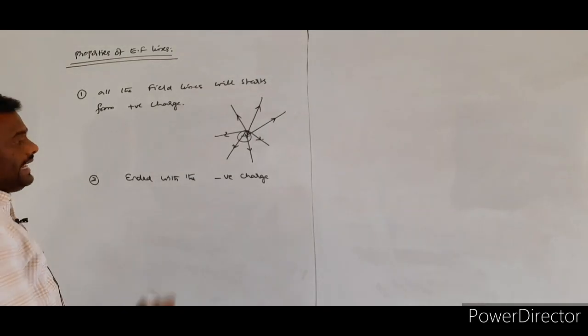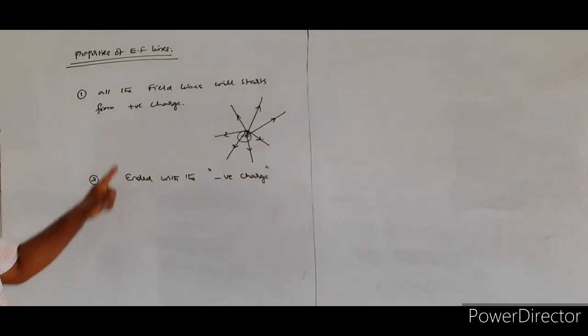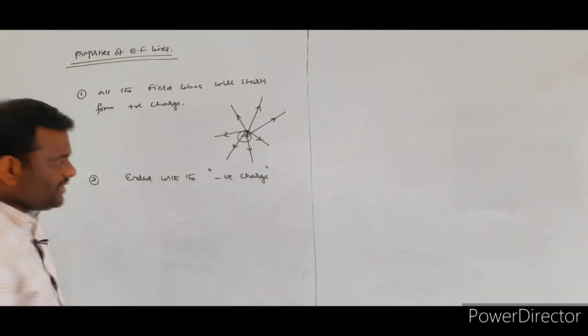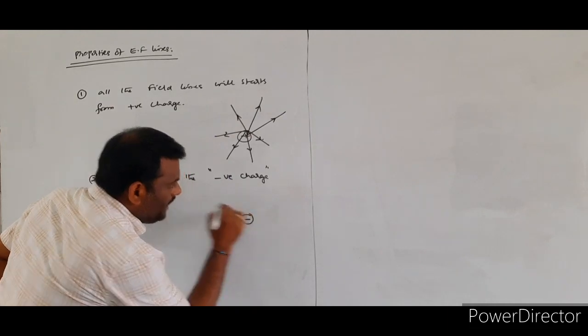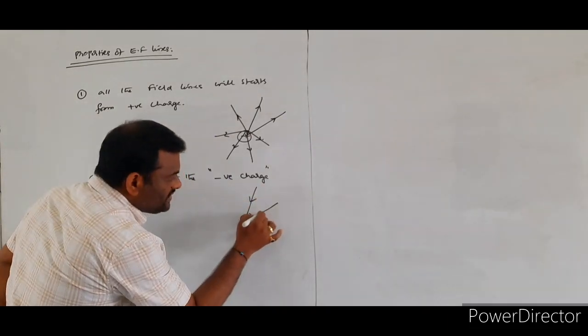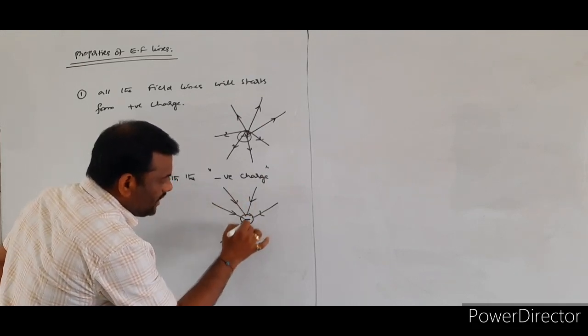If you consider the negatively charged particle, all the field lines end with the negative charge. Suppose here I consider the negative charge. So all the field lines are coming towards the negative charge, or they end with the negative charge.